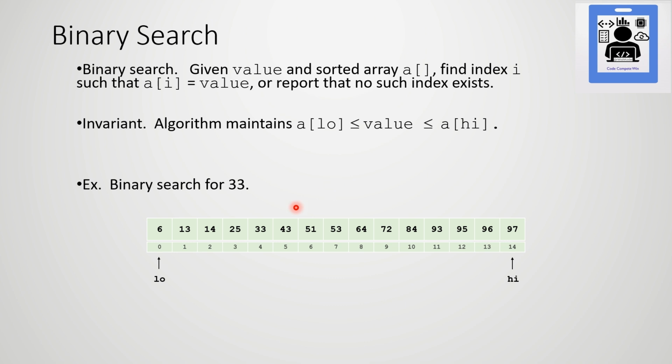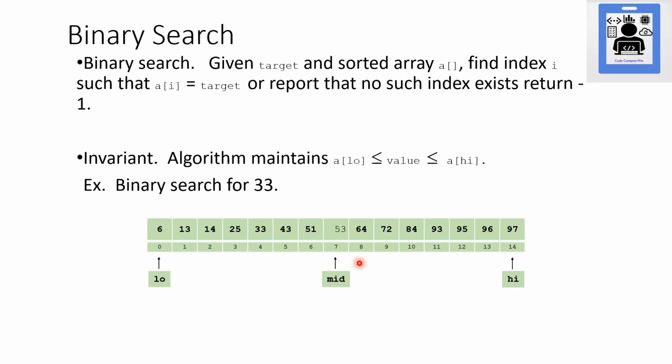In the first iteration, we first find the mid of this array. 0 plus 14 is 14, half of which is 7, so mid becomes 7. Then we compare whether 53 is less than or greater than our target.